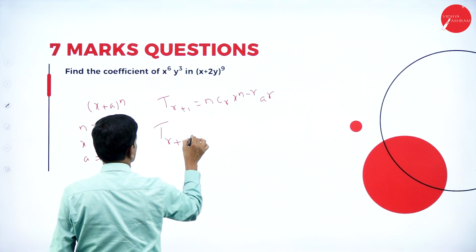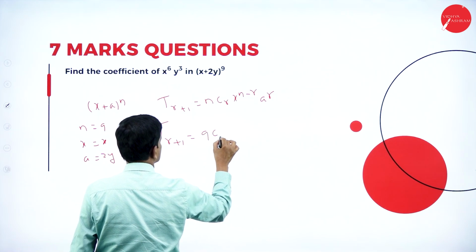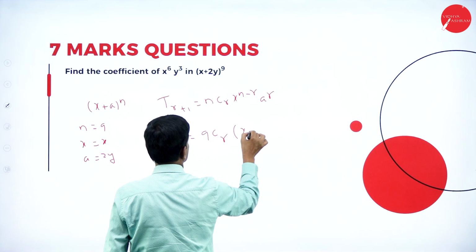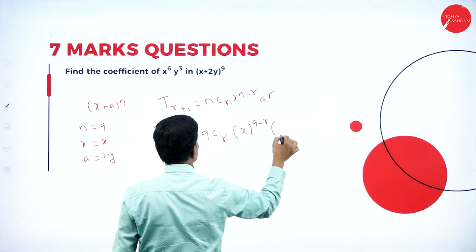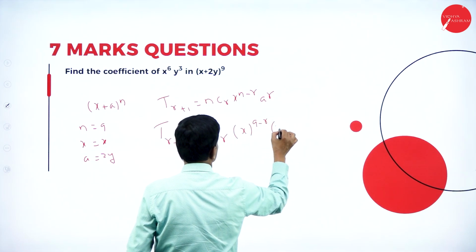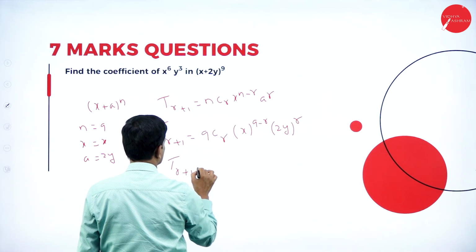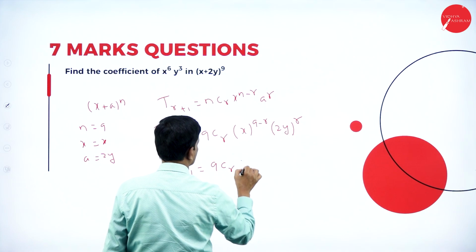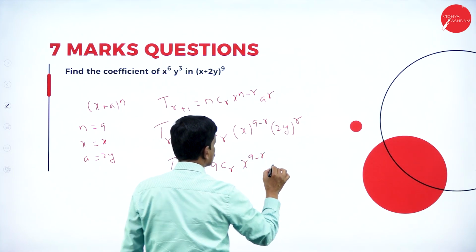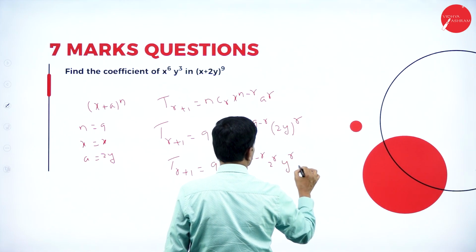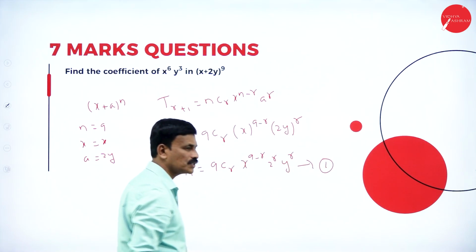So T(r+1) is equal to 9Cr x to the power of 9 minus r into (2y) to the power of r. So this is T(r+1) is equal to 9Cr x to the power of 9 minus r and 2 to the power of r into y to the power of r. Let us represent this as equation number 1.